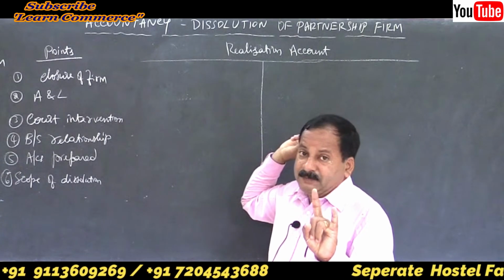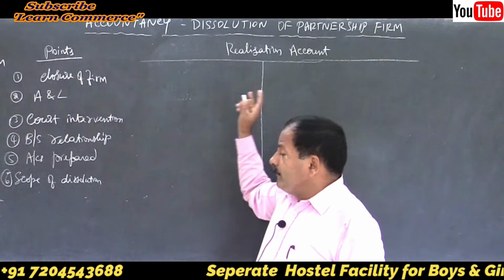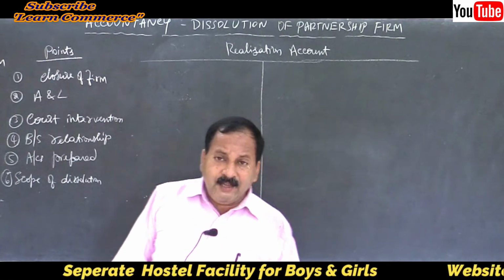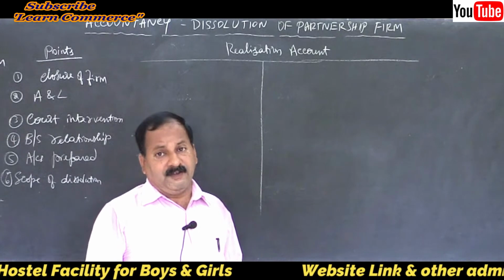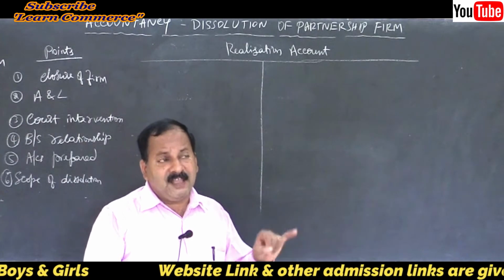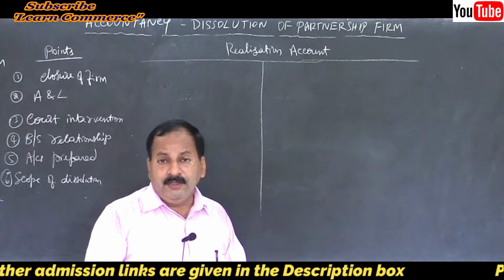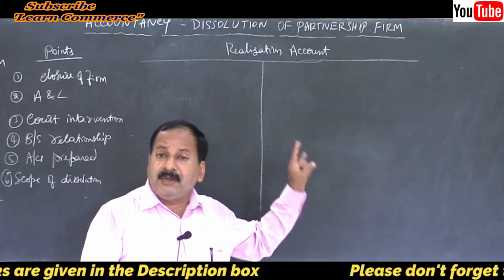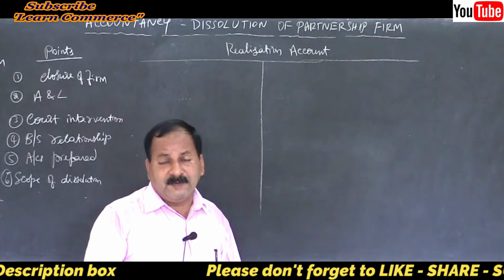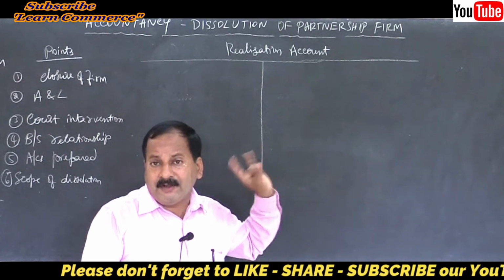Remember this point. Then, if debtors are there and if there is a provision for doubtful debts, PDD, in the balance sheet, then what you have to do is you have to transfer the debtors at gross value, and not net value.